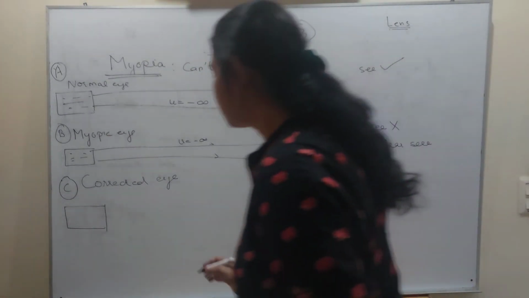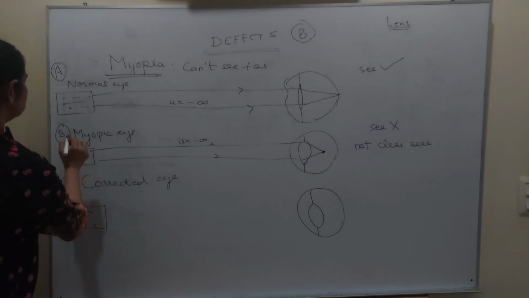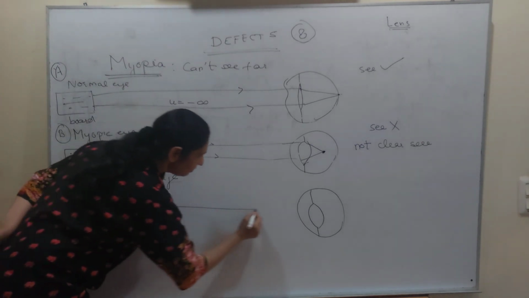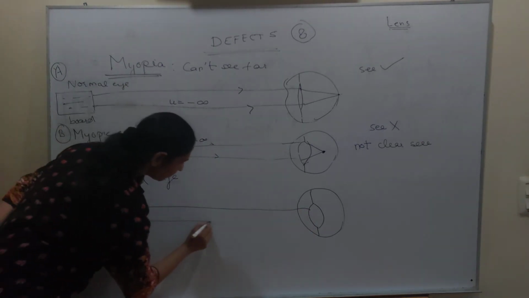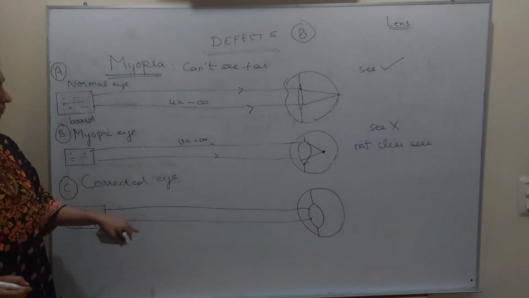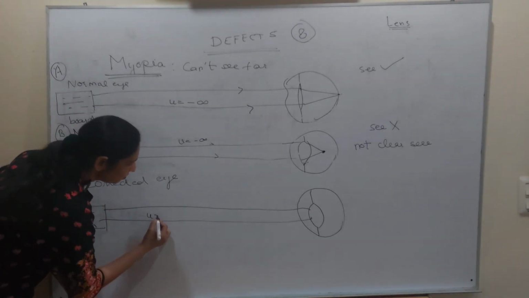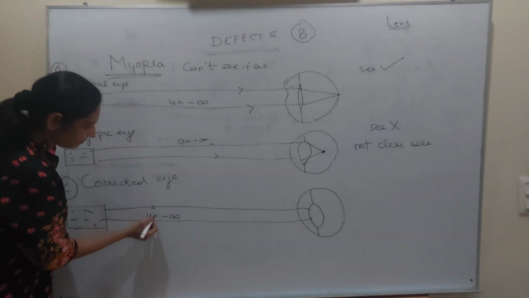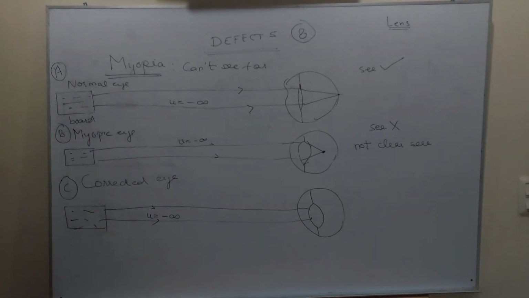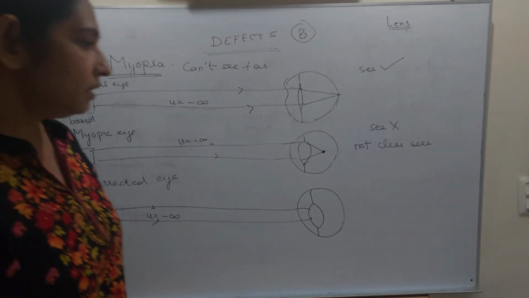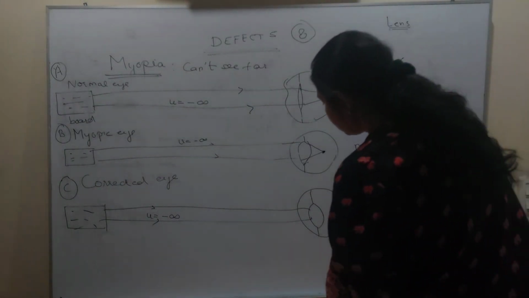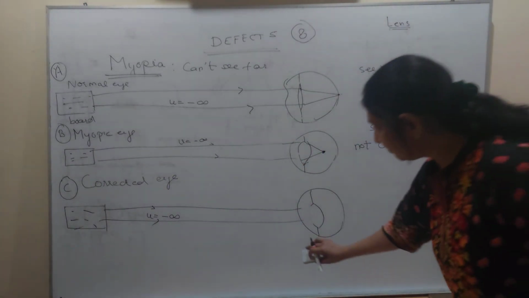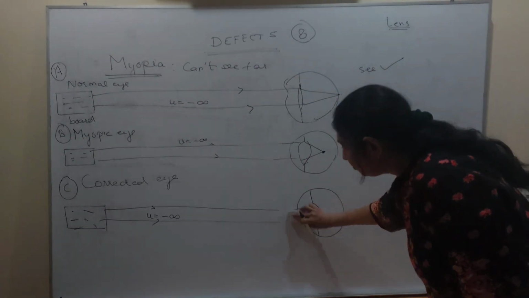This is the board. The rays will still be parallel because they're coming from far off. The moment the rays are coming from far off, u will instantly be minus infinity. How far are they coming from? The u is very, very large, infinite. But now here comes the change. Now because we want to sit at the last bench and see clearly, what do we have to do?